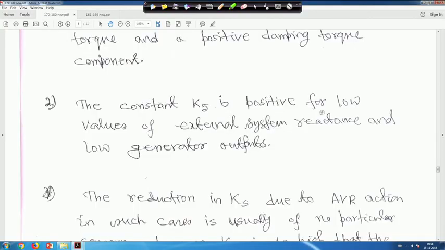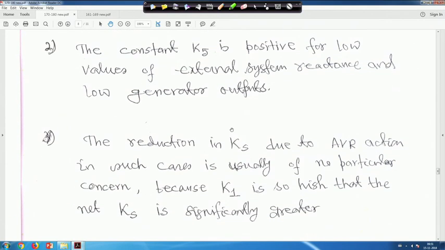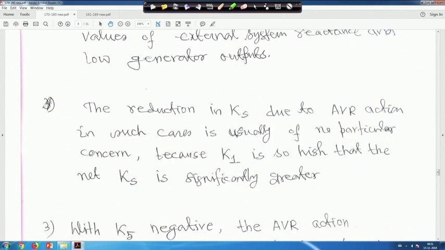Now, number 2, the constant K phi is positive for low values of external system reactance and low generator outputs. The reduction in K s due to AVR action in such cases is usually of no particular concern, because K1 is so high that the net K s is significantly greater. Actually, delta TE is equal to K2 delta psi FD plus K1 delta delta.